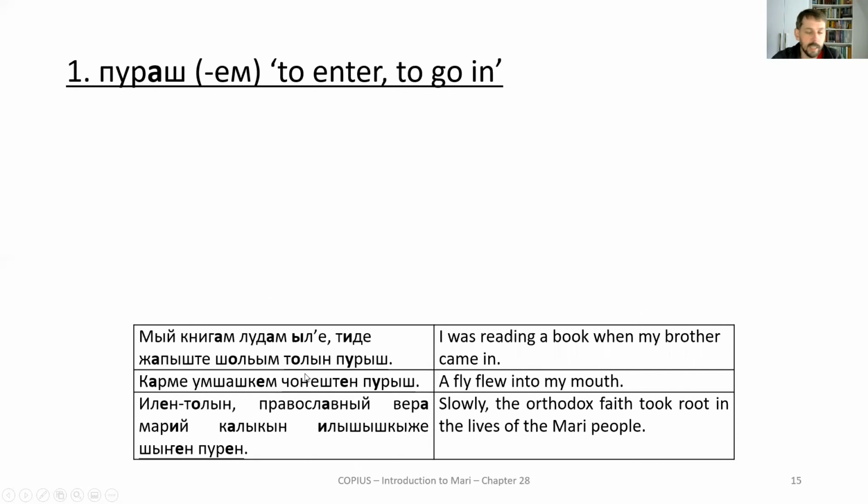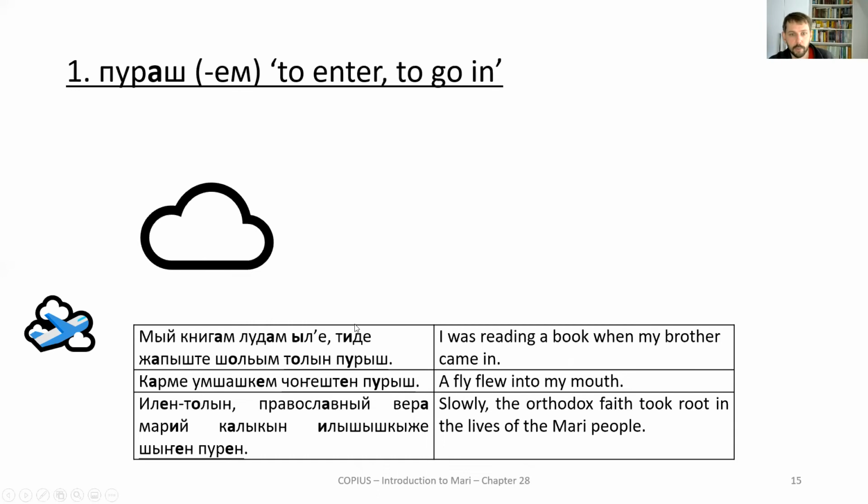And finally, connected to the first point that we had, remember how motion events are verbalized in Mari if you want to indicate both the manner in which something was carried out, like were you swimming, were you flying, were you crawling, were you breakdancing, were you jumping, whatever, and the directionality of movement, like in, out, whatever. Purash is used in the sense of in.